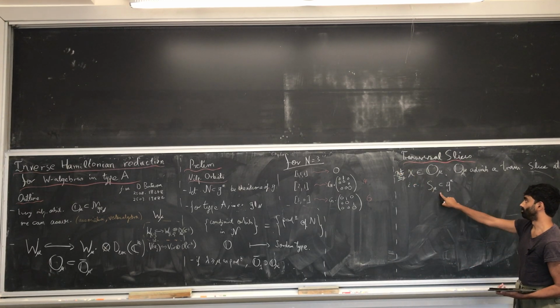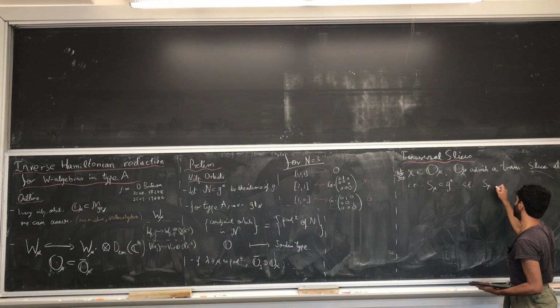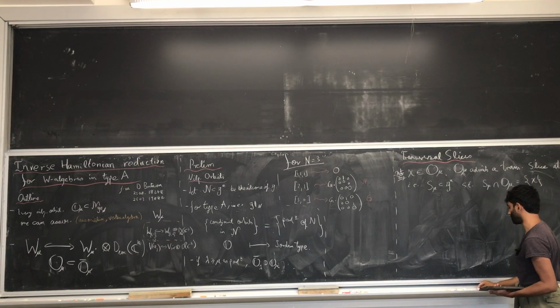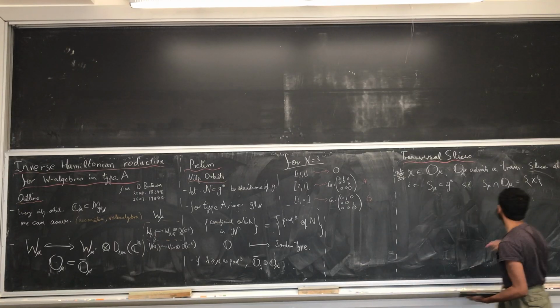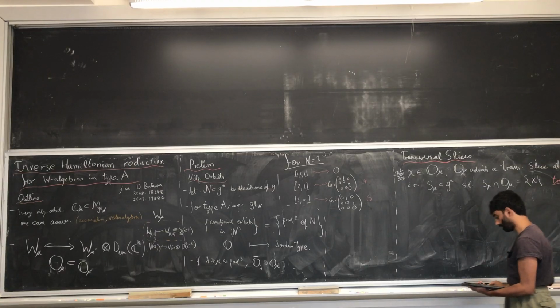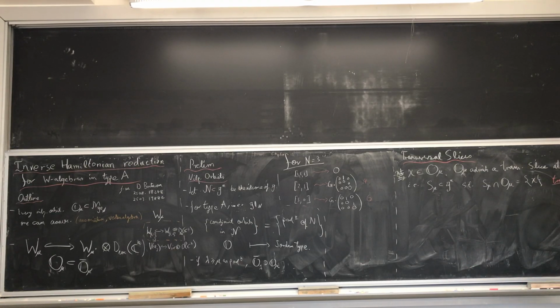So there's some global slice such that the intersection of S_mu with O_mu is precisely chi, and this intersection is transversal. There's no canonical way of constructing such a slice, mostly because if I conjugate chi by something that's in the stabilizer, I'll get a different slice. So there's always some choices.